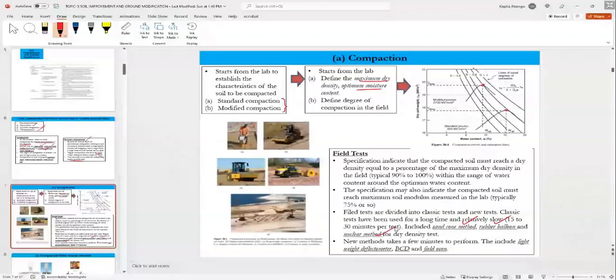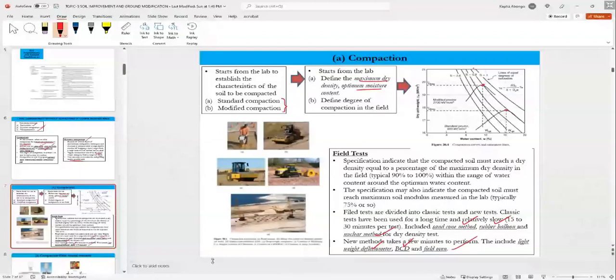There are also other new methods like the lightweight deflectometer method, and the field oven test. Let's have a look at a couple of these.